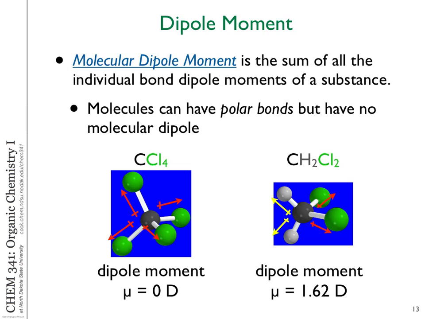The chlorines are much more electronegative than carbon, and so these would be weaker dipoles, these would be stronger dipoles, and if you sum all 4 of those bond dipoles up, overall that molecule is going to have a dipole moment. In this case, dichloromethane has a dipole moment of 1.62 debye. We would call that a polar molecule, slightly polar molecule. There are much more polar molecules. And the dipole moment for the molecule is sort of in that direction. So the sum of all of that, all those negatives. Okay, makes sense?